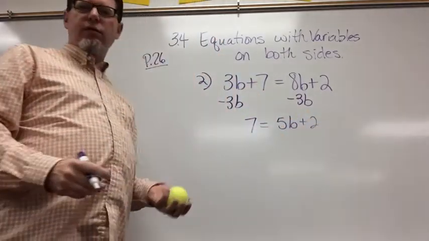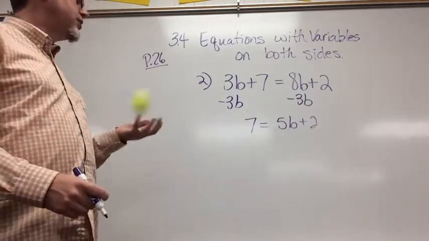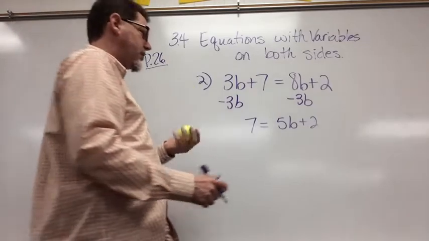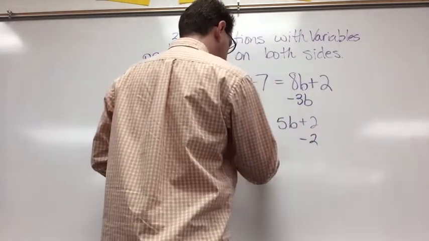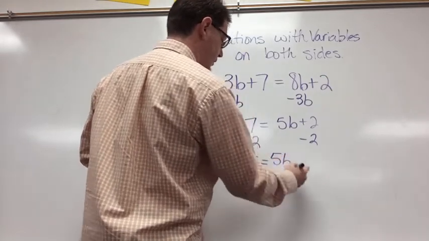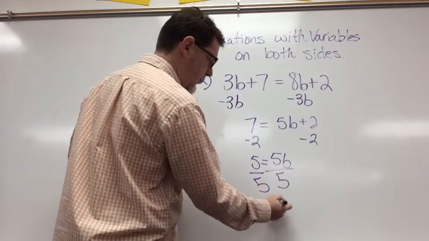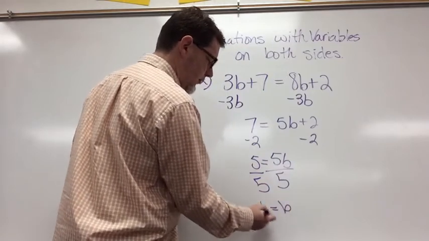And now we go back to our two-step equations where we have to do SADMEP first. So I subtract 2 from both sides. And I get 5 equals 5b, divide both sides by 5, so b equals 1.